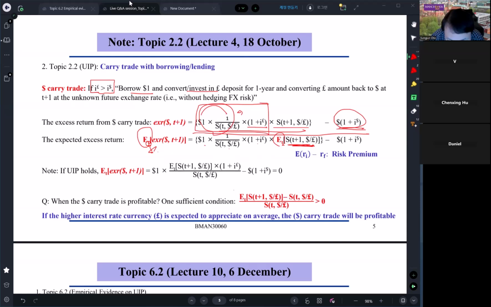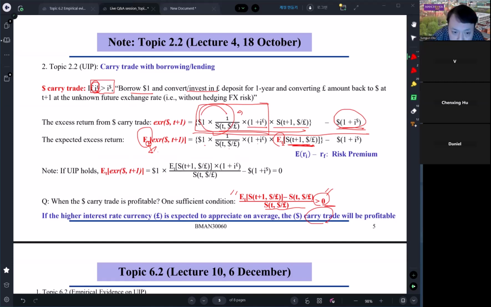And the important thing is, what is the sufficient condition for a profitable dollar carry trade? If the high interest rate currency is expected to appreciate, so if pound is the high interest rate currency and that currency is expected to appreciate, then the dollar carry trade will be profitable.